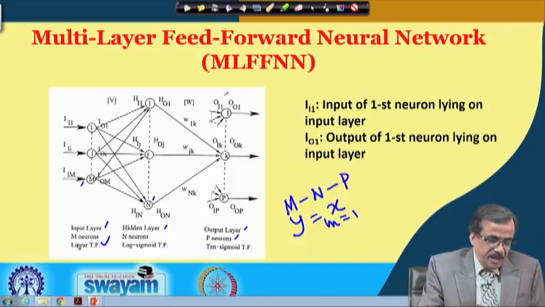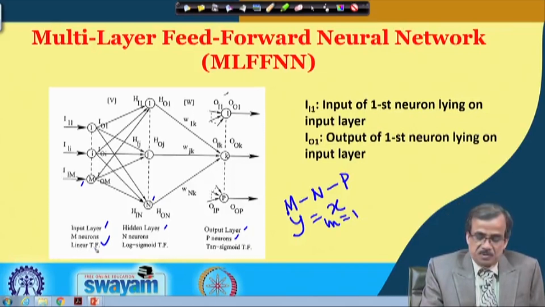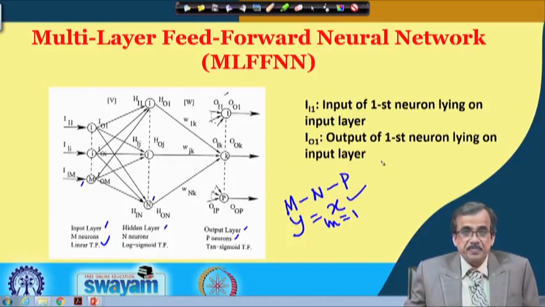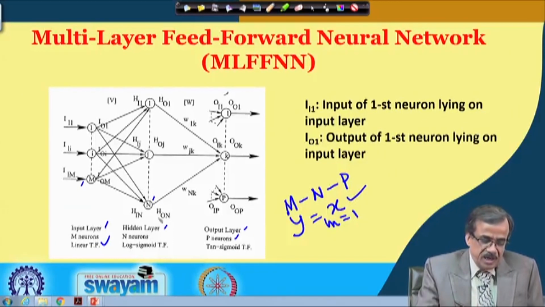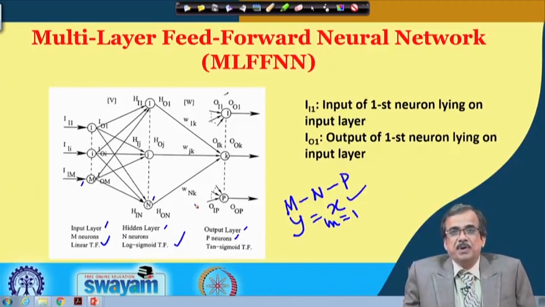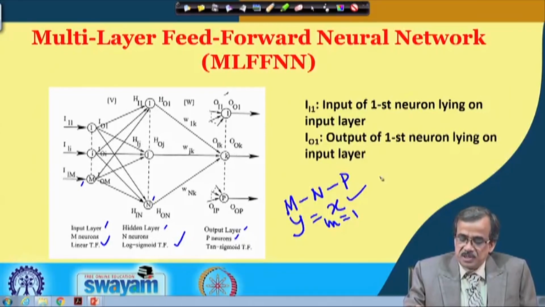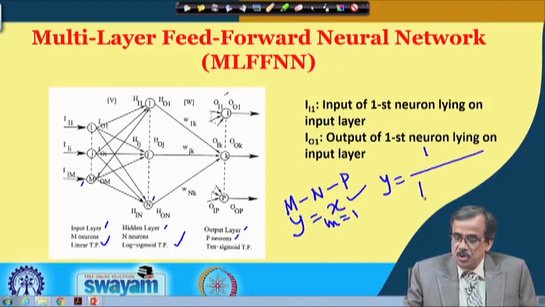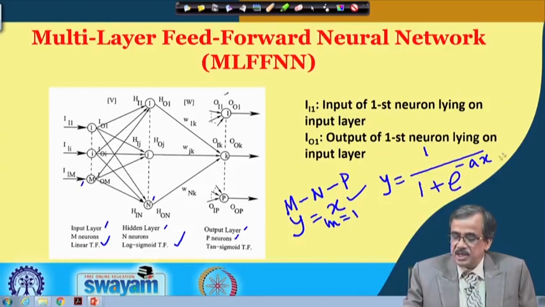So, on the input layer we are considering the linear transfer function y equals x. On the hidden layer we are considering the log sigmoid transfer function, and we have already seen the mathematical expression for the log sigmoid transfer function, that is nothing but y equals 1 divided by 1 plus e raised to the power minus a x.